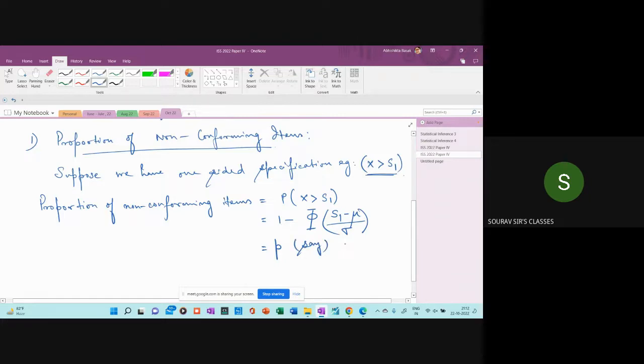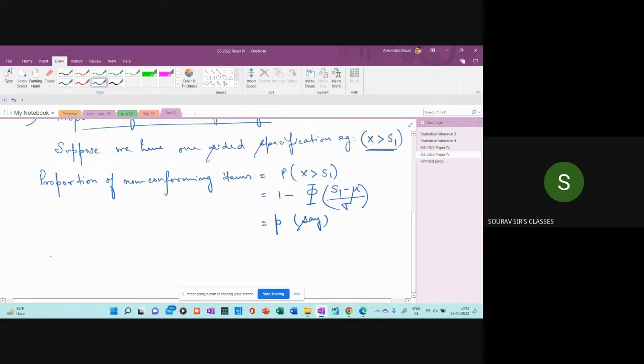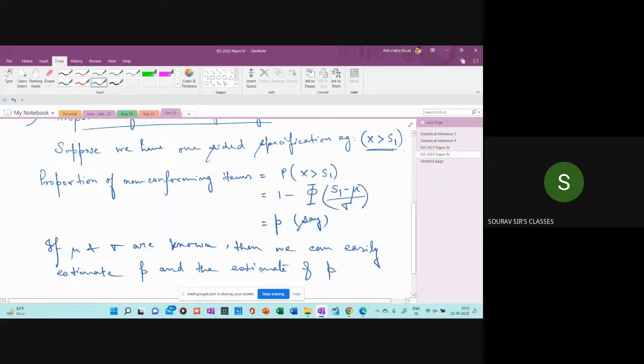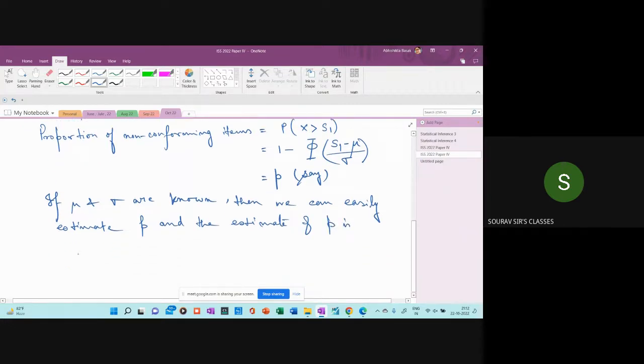If mu and sigma are known to me, then we can easily estimate p, and the estimate of p is p hat equals 1 minus capital phi of (S1 minus x double bar) by (R bar by d2).